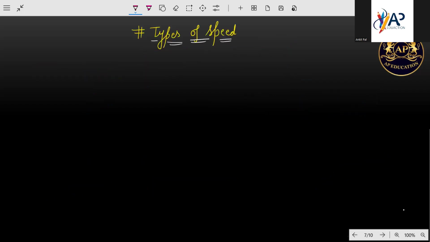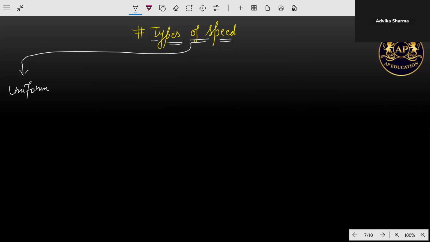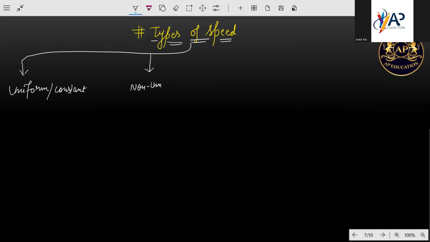Now, types of speed. There are four types of speed: uniform, even we can say constant speed, then non-uniform, even we say variable speed.